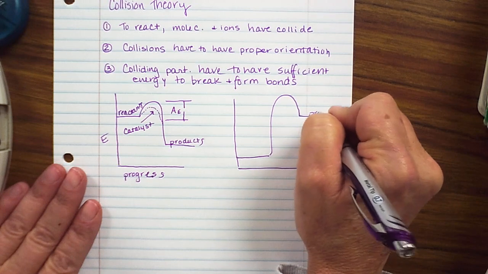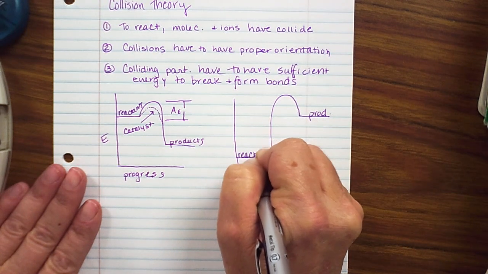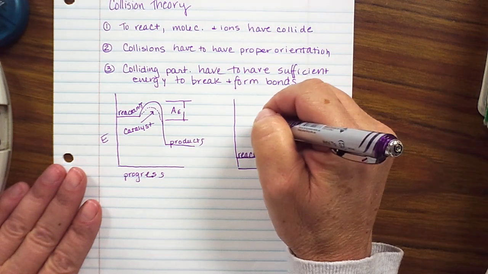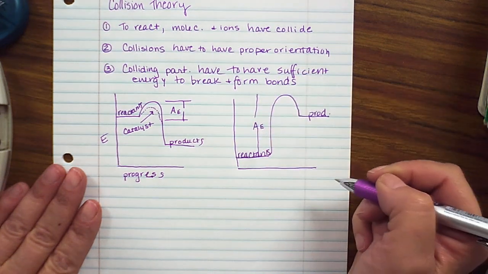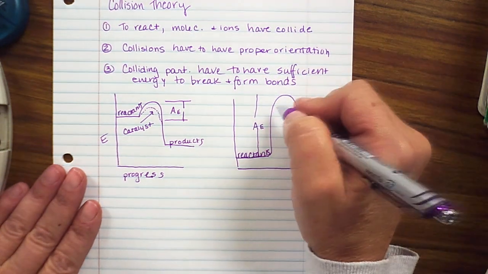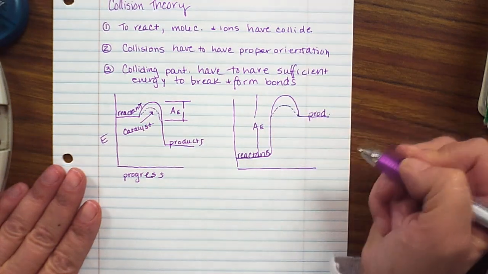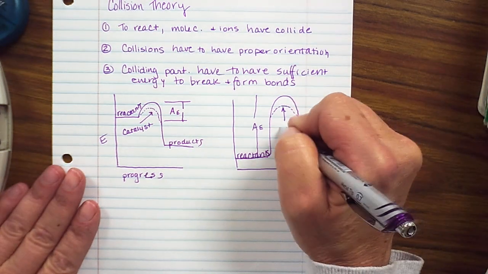Products are here, reactants are here, activation energy is here, right? And so in this case, here's the catalyst. What did it do? It lowered the activation energy.